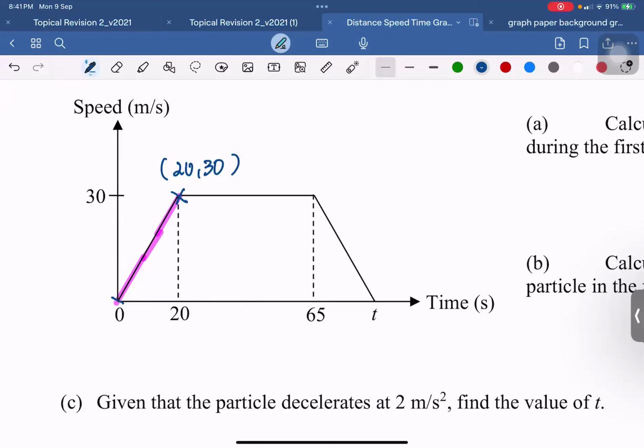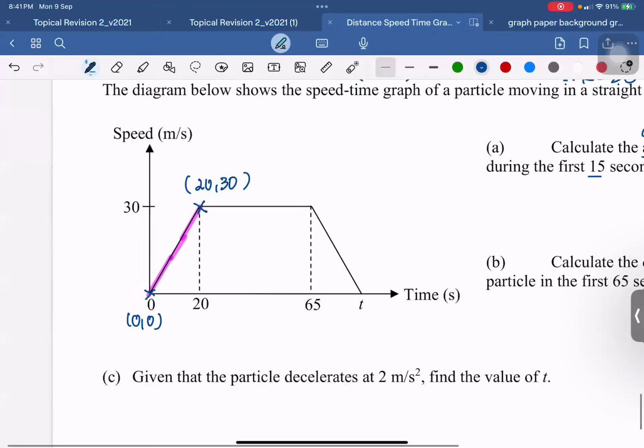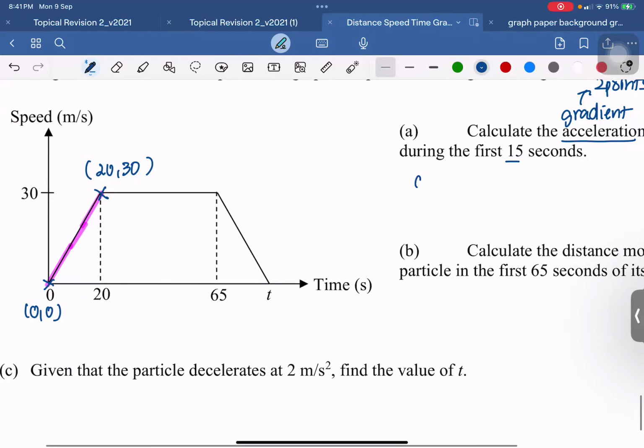Then the bottom one? 0, 0. So what is the acceleration? The gradient in this case is y2 minus y1 over x2 minus x1. Answer, is it 1.5?